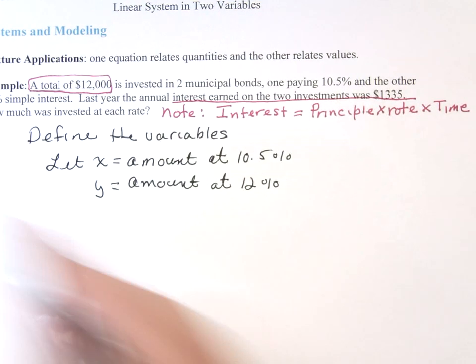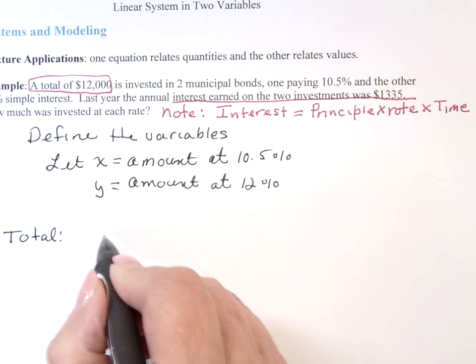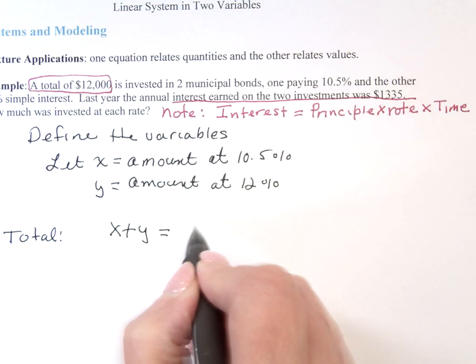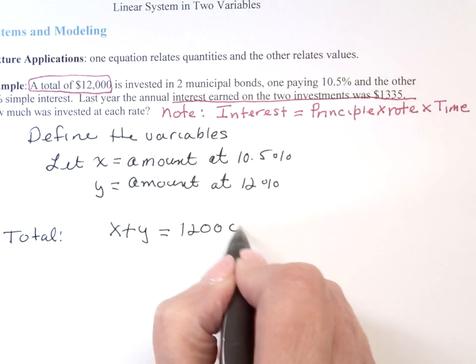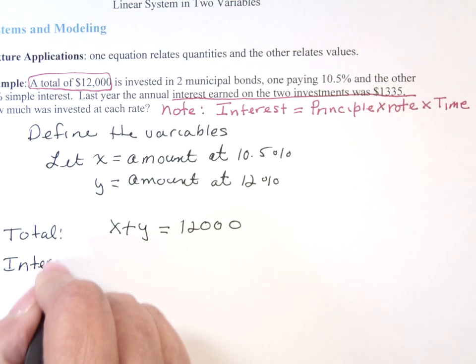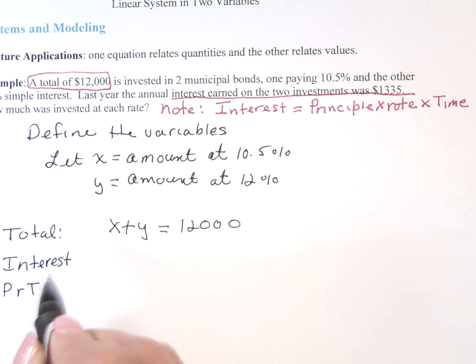So what do I know? I know the total is that X plus Y has to be 12,000. And the interest, remember, interest is principal times rate times time.